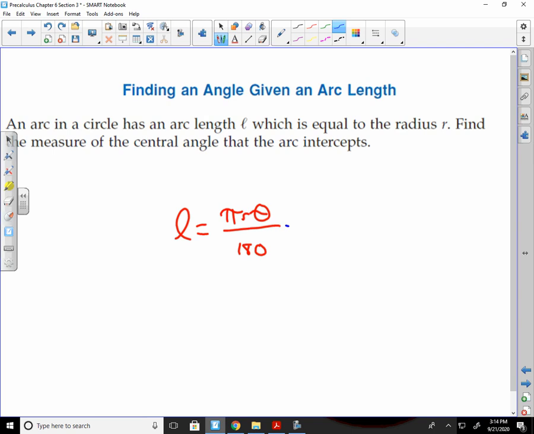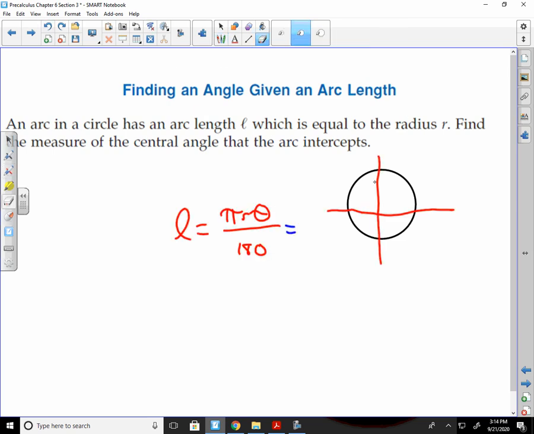So I'm trying to come up with a circle. That was pretty terrible. Let's redraw those. Just want to illustrate what we're looking at here.